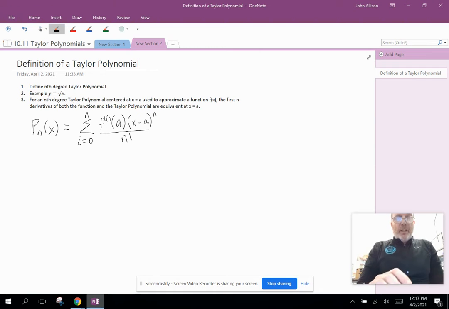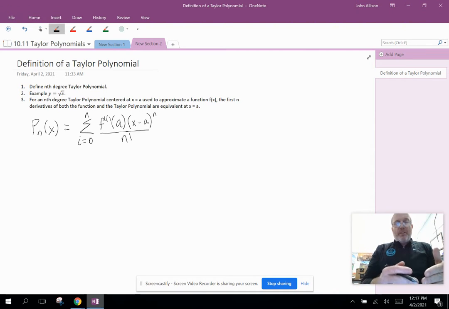This is what the Taylor polynomial is going to be. Now, when i is equal to 0, the 0th derivative of the function is going to be the function itself.